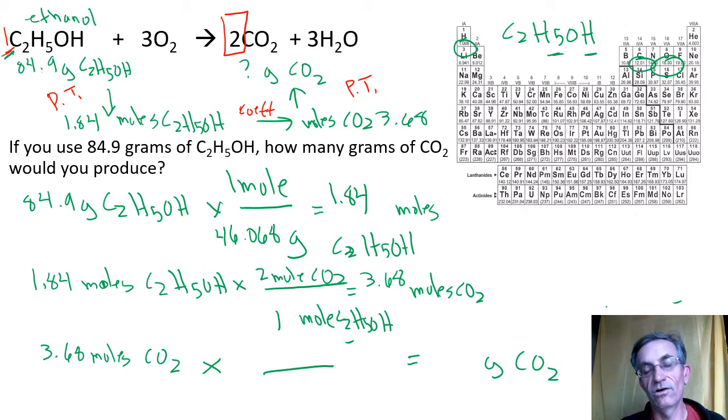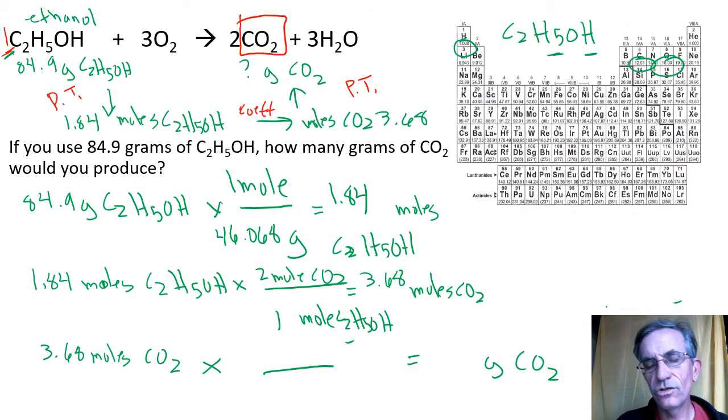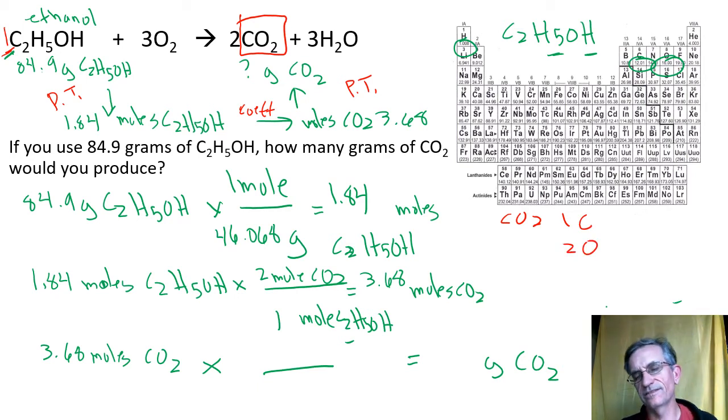We've got to add up the weight off the periodic table for carbon dioxide. One thing I want to make sure you're clear about: when I say add up the weight off the periodic table for carbon dioxide, because that's going to be your conversion factor, you are just going to add up what you see in the formula. So you should be adding up for carbon dioxide 1 carbon and 2 oxygens.